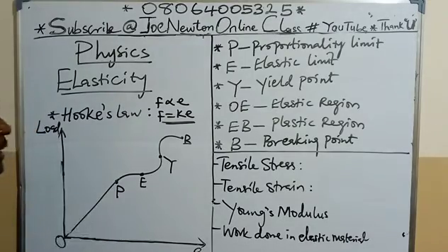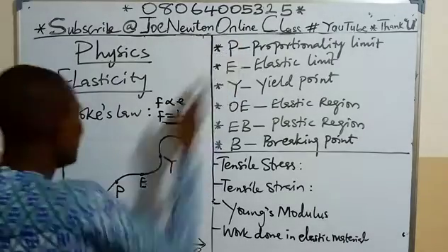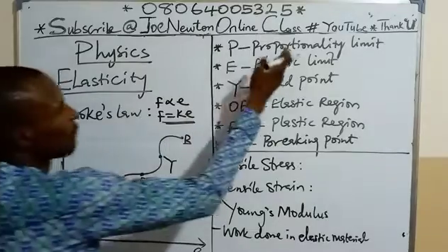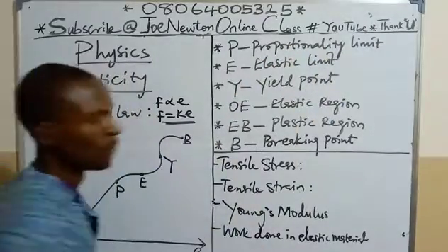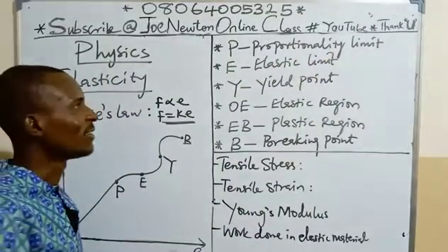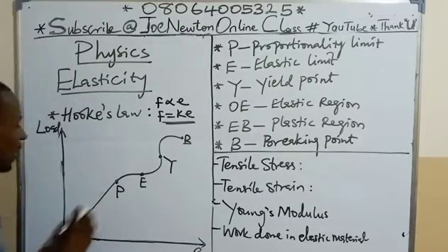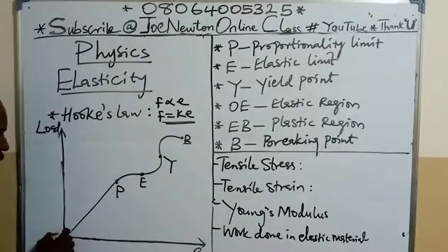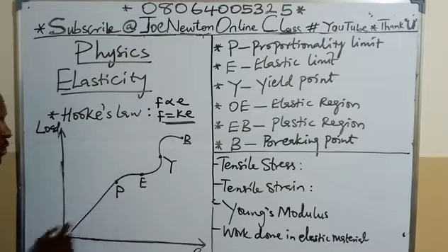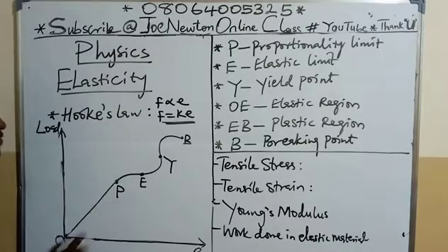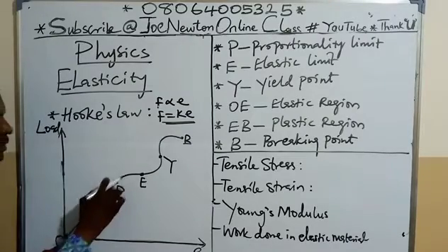The point P on this graph stands for proportionality limit. That is the point at which Hooke's law is obeyed, which means from this point O to this point, Hooke's law is obeyed. That is a straight line, direct proportionality, which means the load is proportional to extension from this point to this point.